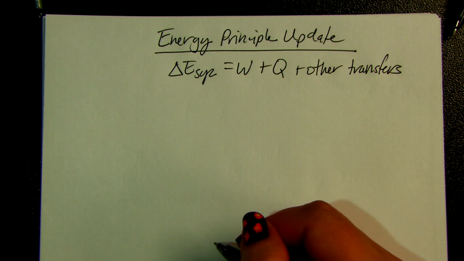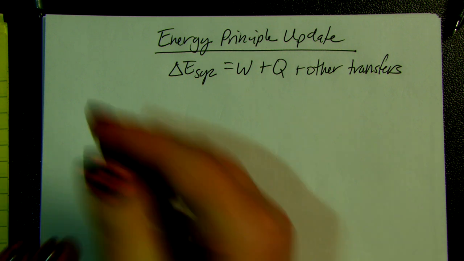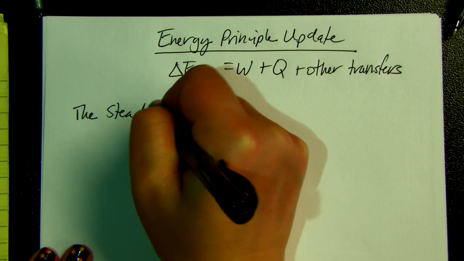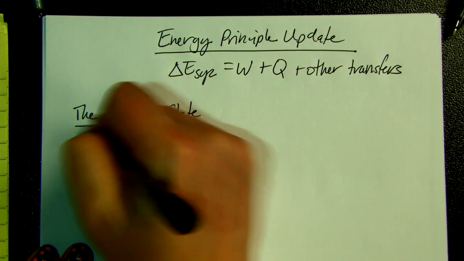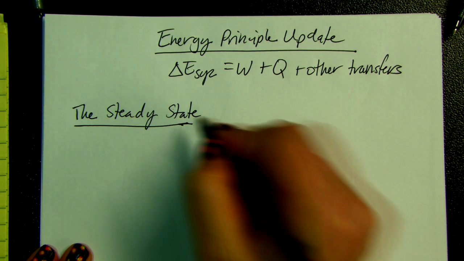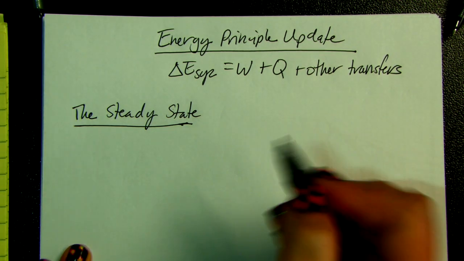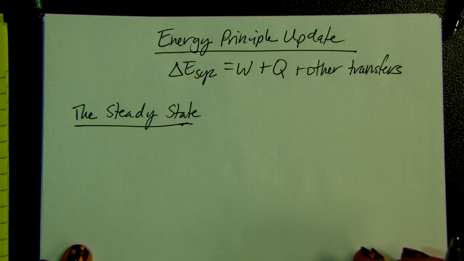Okay, so right now we're going to go through a lot of concepts, and that's how we'll finish out chapter 7, although there are still some more problems to do. I need to introduce something called the steady state. The steady state is not equilibrium. They're two different concepts.